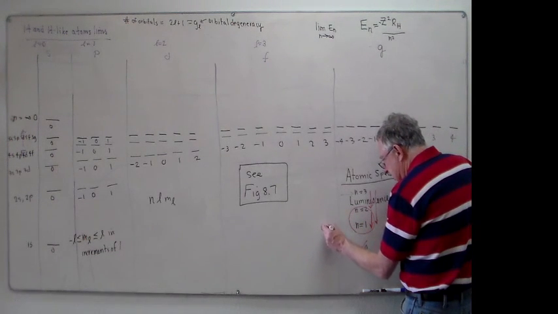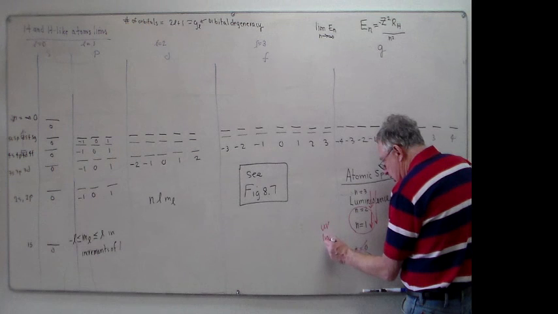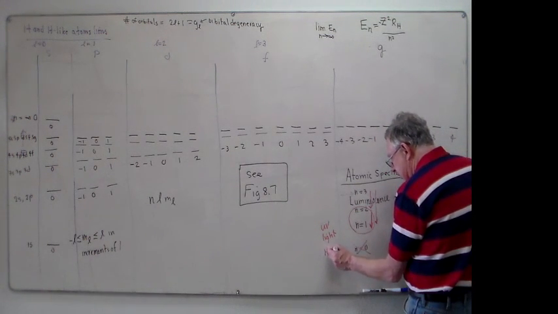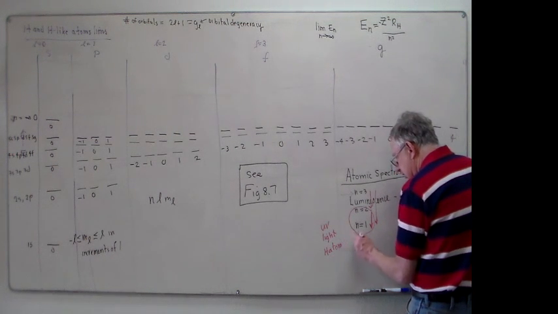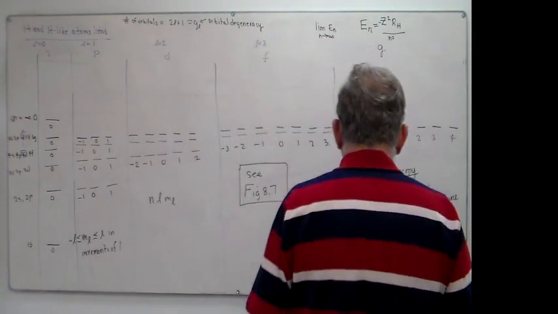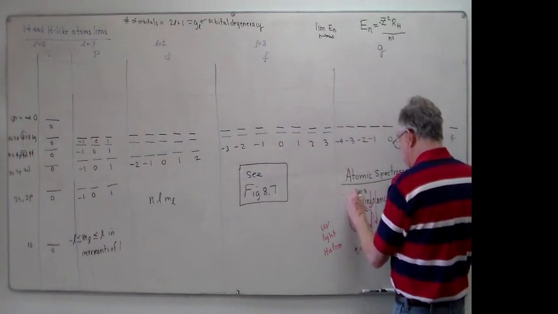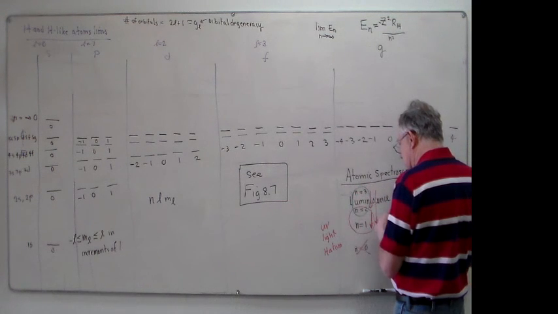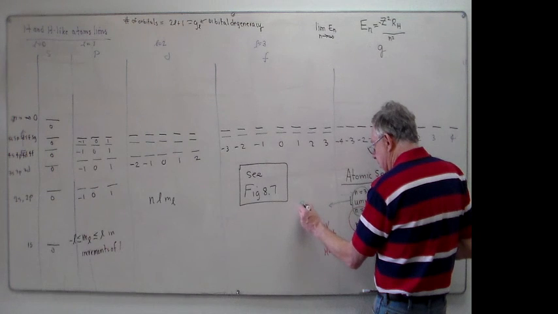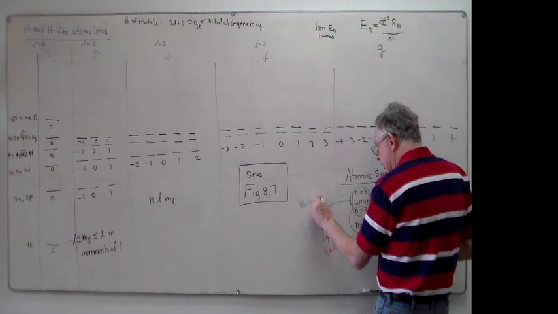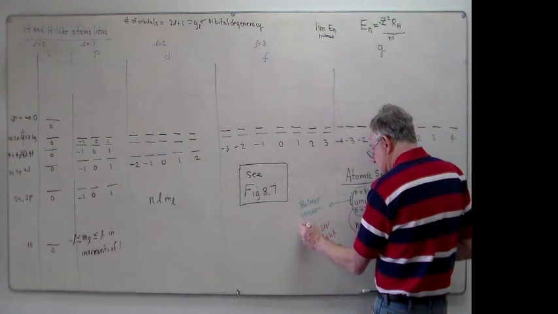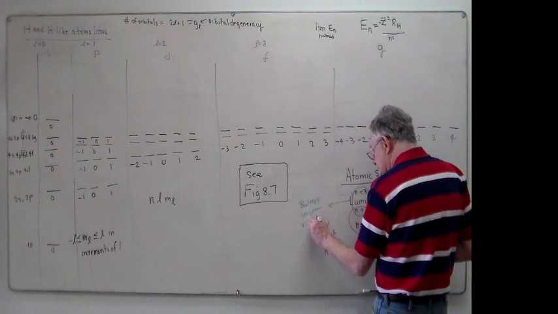Okay, now, if you're going from 2 to 1, you're going to need to look for ultraviolet light in a hydrogen atom. If, however, you go from 3 to 2, let's say, this is called the Balmer series. And this series is visible to the human eye.